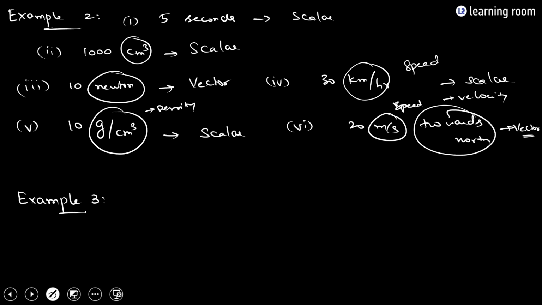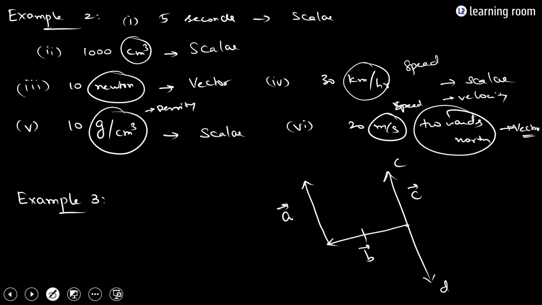So example 3. They are given something like this. C. B vector. Now, which of the vectors are collinear?